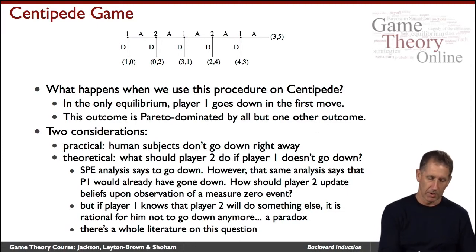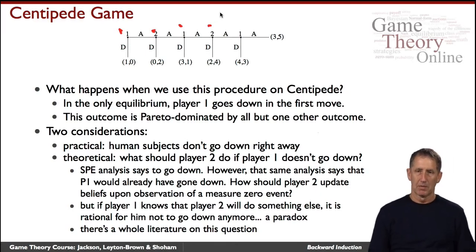Player 1 moves, then player 2, then player 1 again, and so on. The payoffs are constructed in a contrived way so that they're gradually increasing. It's called a centipede because you can imagine rather than only 5 legs here, you'd have 100.